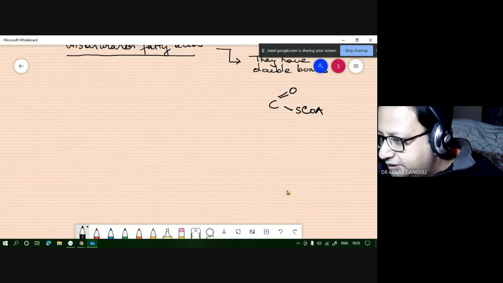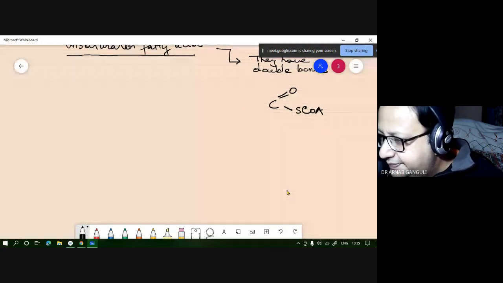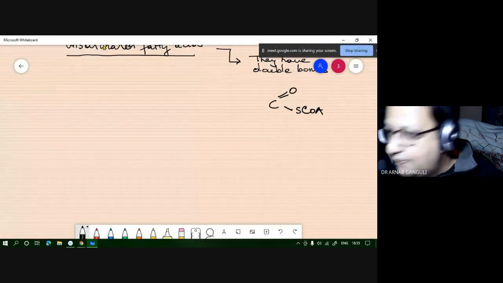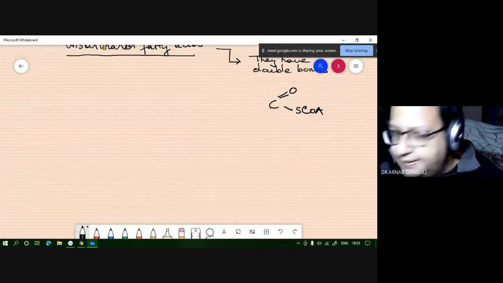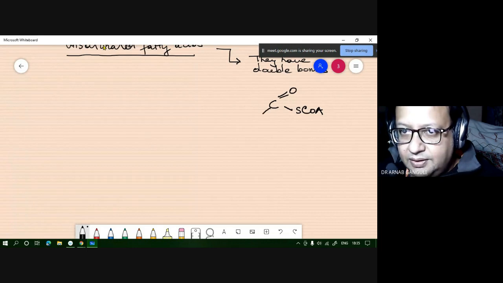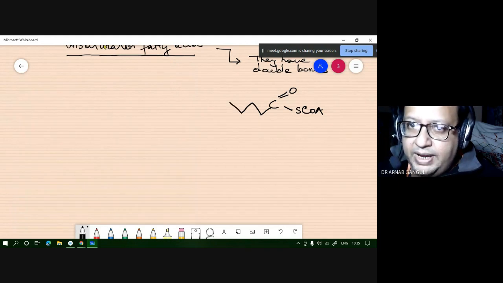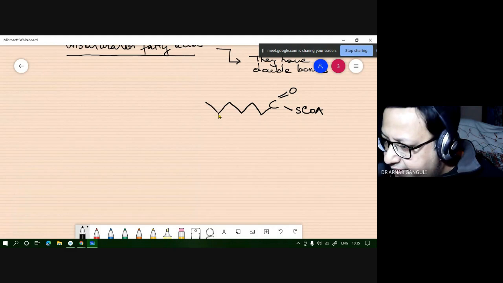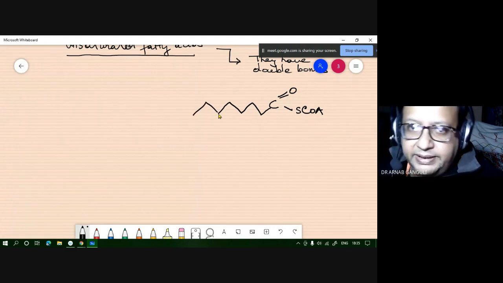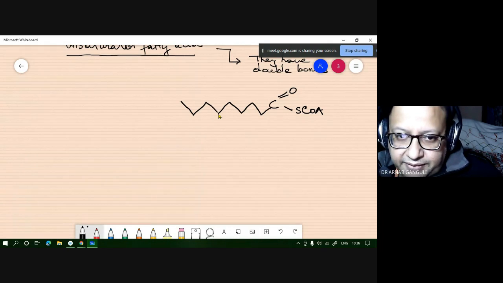So we start drawing. C1, 2, 3, 4, 5, 6, 7, 8, 9. So essentially we are drawing a fatty acid.